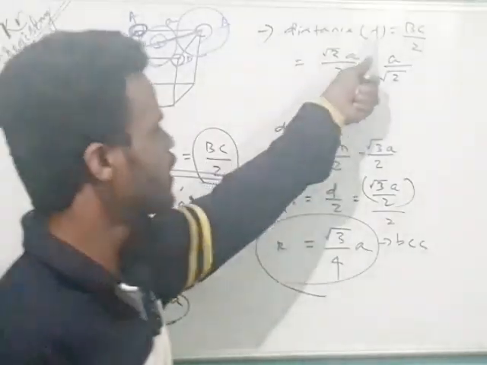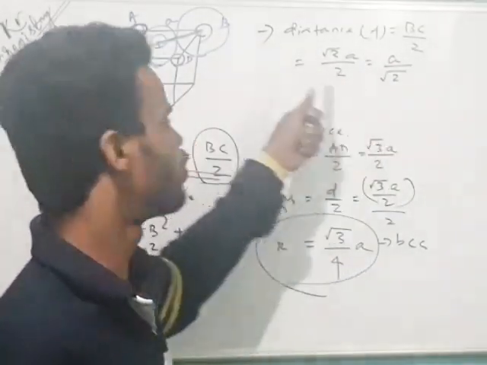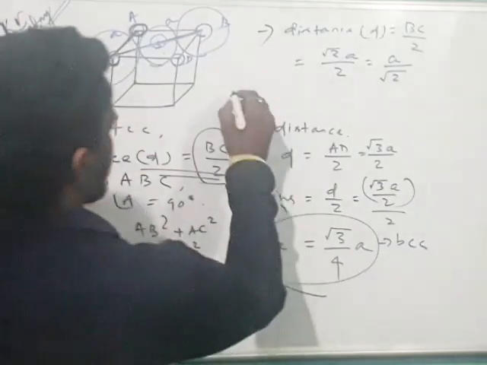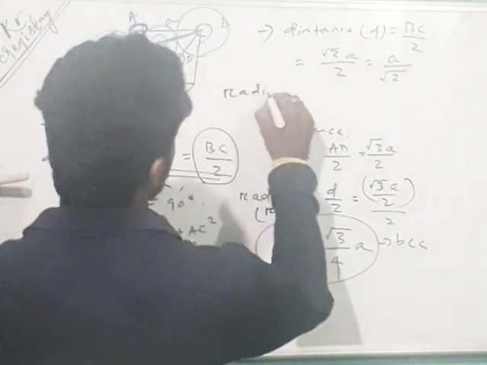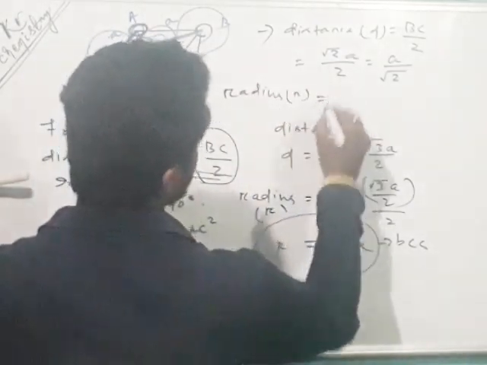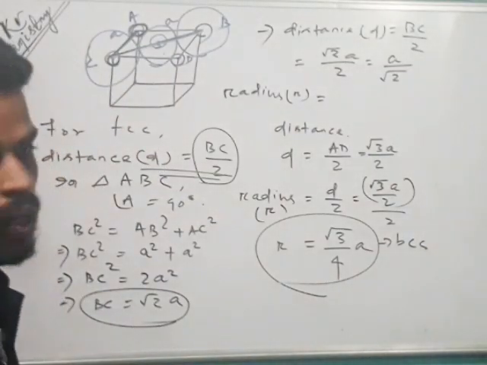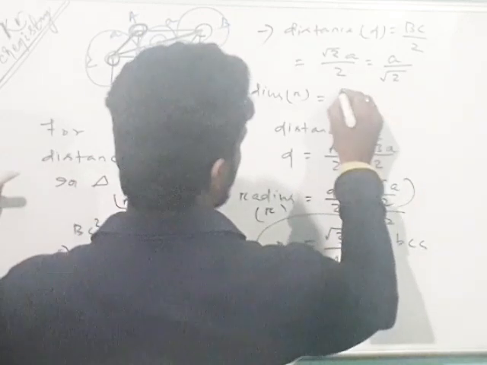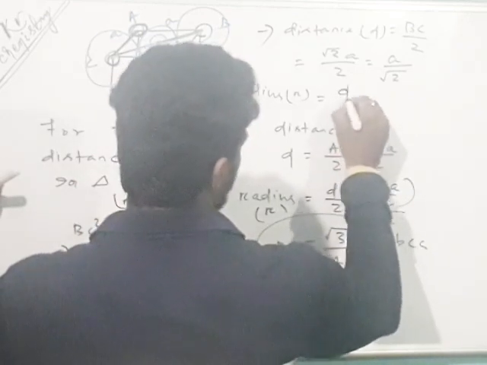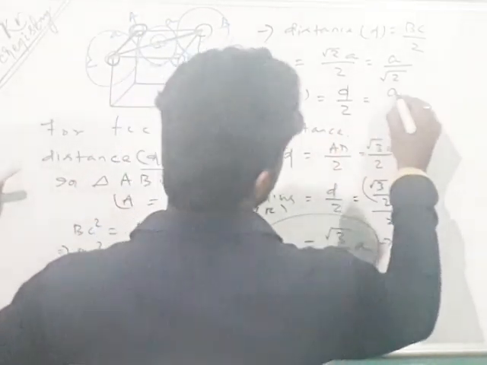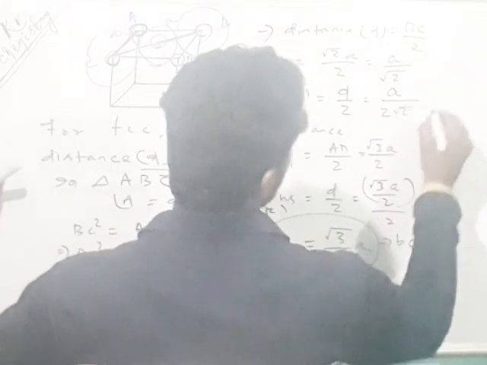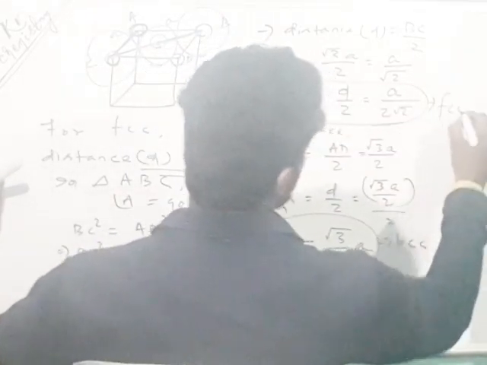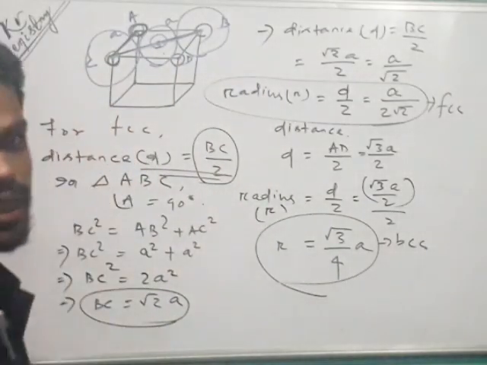Then the distance is equal to A by root 2 for the face centered cubic unit cell. Again, by the radius formula, radius R is equal to D by 2, that is A by 2 root 2. This is for the face centered cubic unit cell.